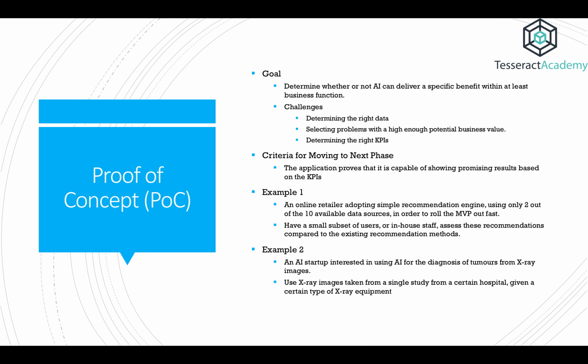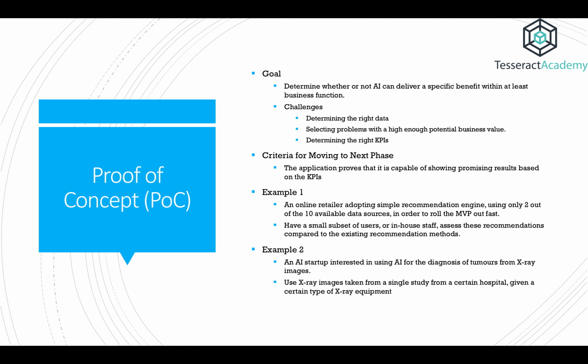Obviously, for this proof of concept, we're not going to deploy this in the real world directly, but we're going to have only a small subset of users or in-house staff who are going to assess these recommendations and tell the stakeholders how well the recommendations seem to be working.